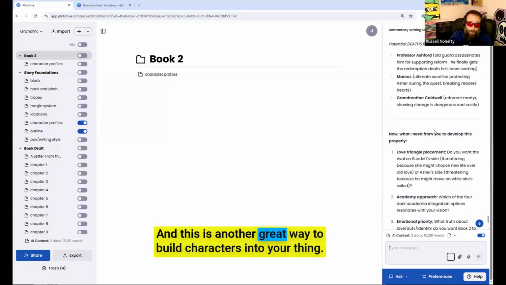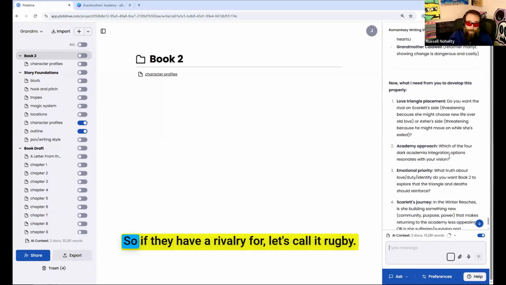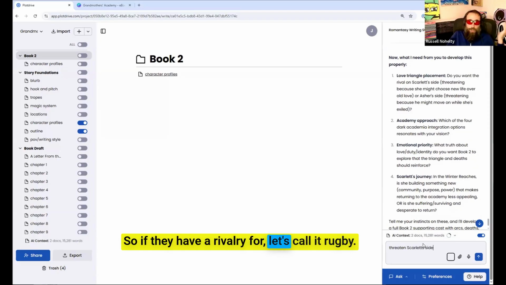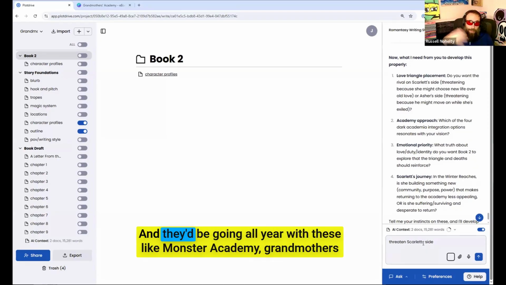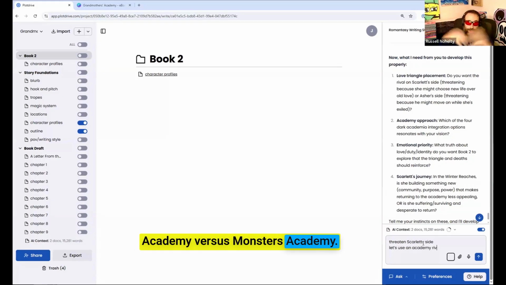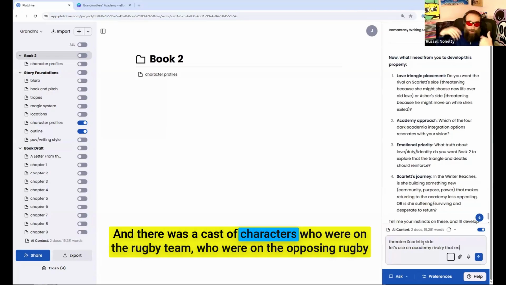And this is another great way to build characters into your story. So if they have a rivalry over, let's call it rugby, and they've been going all year, Grandmother's Academy versus Monsters Academy, and there was a cast of characters on the opposing rugby team.